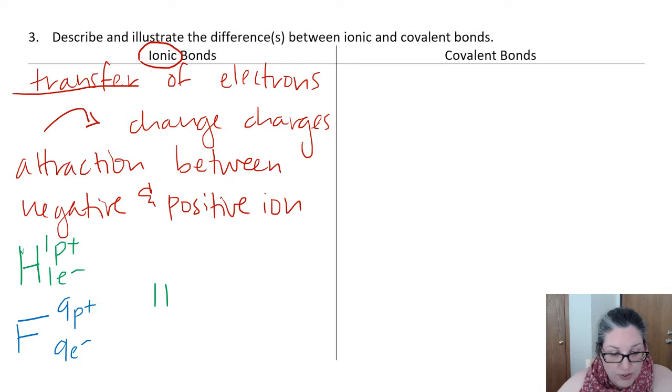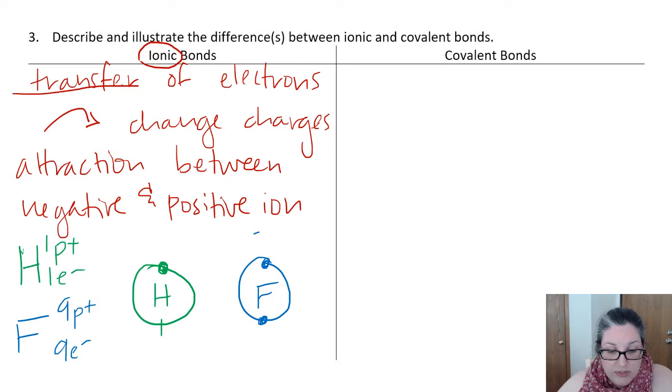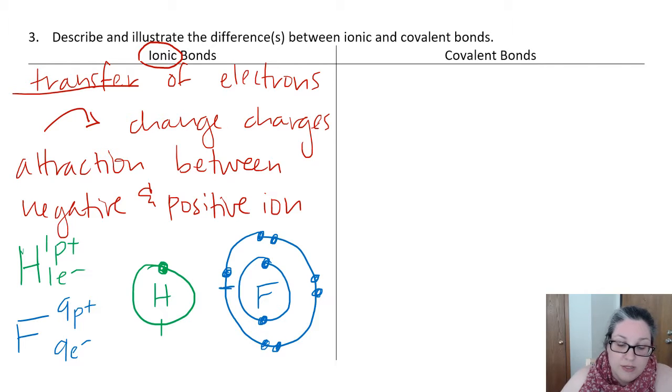So if we draw our H, we have 1 electron in its outer shell with 1 empty space, because it only has 1, it's in that lowest shell, and fluorine has 2 in its lowest shell closest to the nucleus, and 1, 2, 3, 4, 5, 6, 7 in its outer shell and 1 empty space. So this electron is going to be lost from the hydrogen and will join fluorine instead.